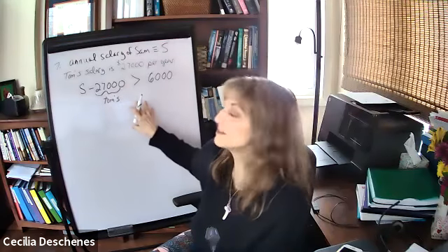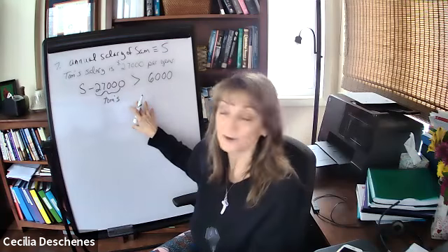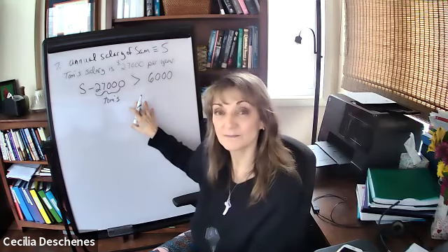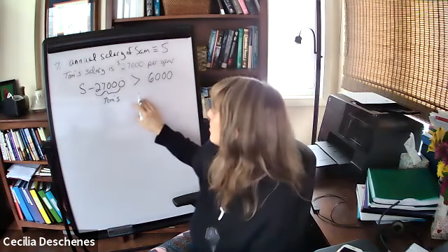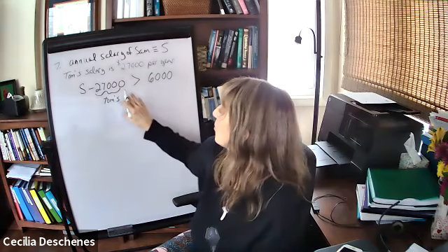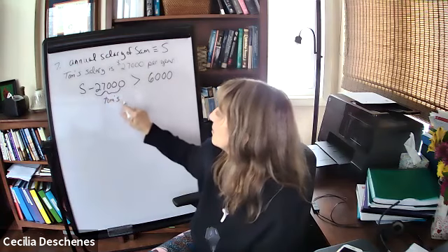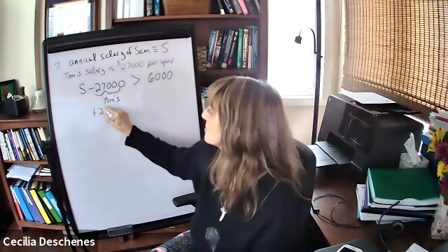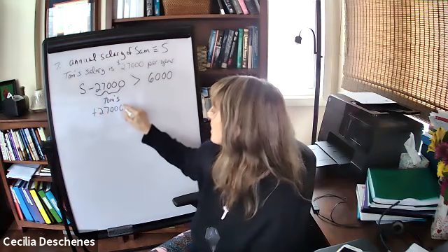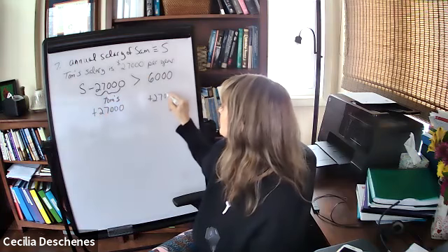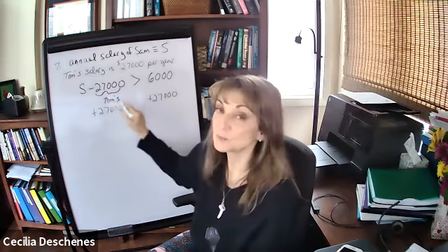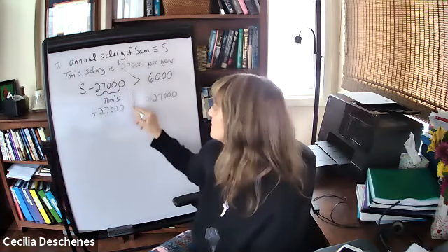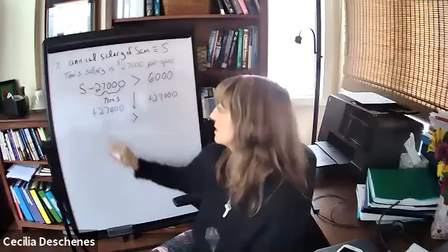So then what we want to know is, what is possibly Sam's salary? What is the minimum that it could be? So now that we've set this up, we go ahead and we solve this by just adding 27,000 to both sides. We didn't multiply or divide by anything, so the inequality is definitely not changing.